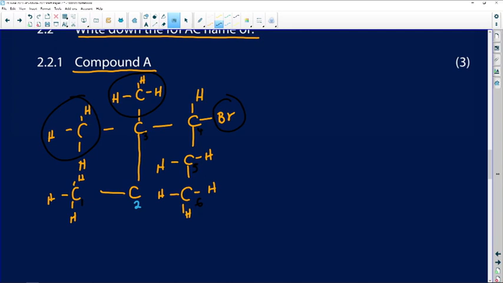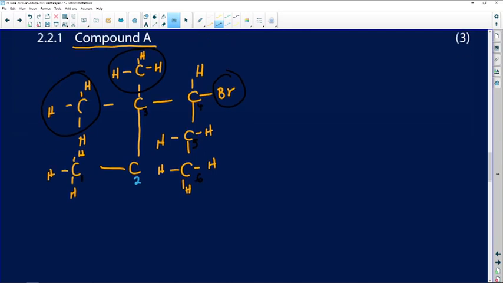And therefore, how do we then write our name? Our name here will be, we know that it's hex. However, number 4, we have a bromine. So it will be 4. Remember, between a letter and a number, there must be a hyphen or a dash. This will be 4 bromo. Right? And therefore, dash, we had this carbon and this one. We call them methyls. And they happen twice. So it's 3, comma, 3 between a number and a number.